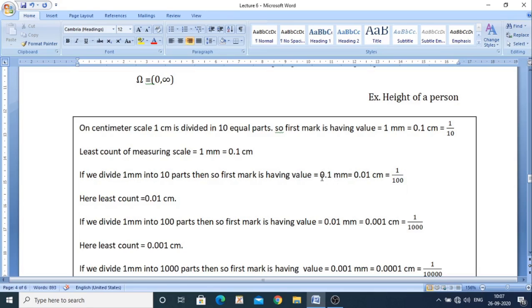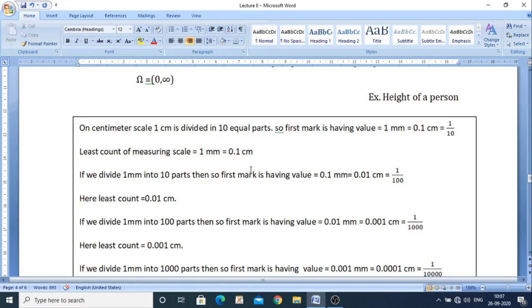So the value of each part is 0.1 millimeter, or if it is a centimeter, 0.1 centimeter divided by 10, so it is 0.01 centimeter. So it is 1 upon 100 centimeter. So the least smallest measure that I have marked is 0.01 centimeter. At this stage, if one asks me what is the first mark after 0, then I say it is 0.01 centimeter.